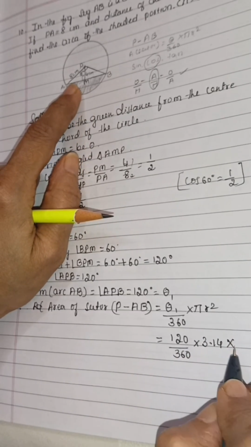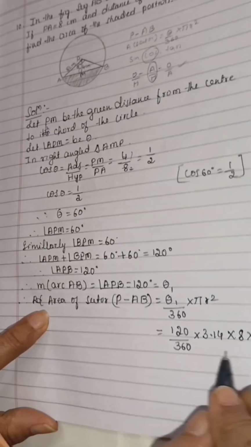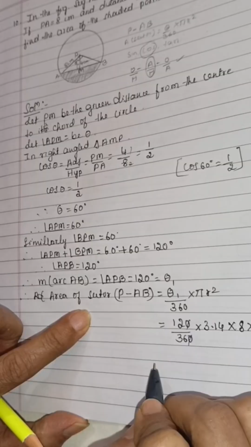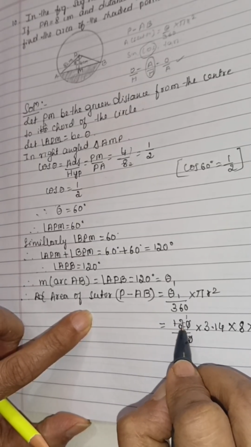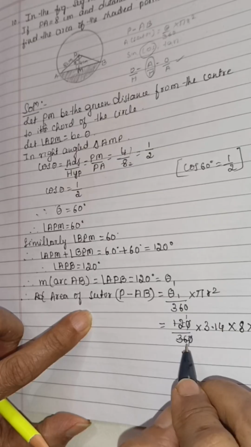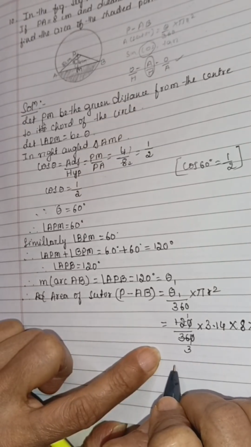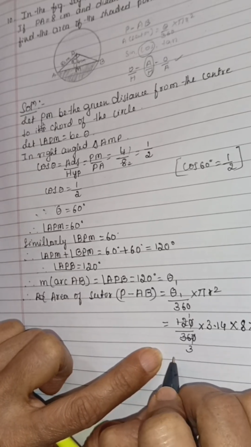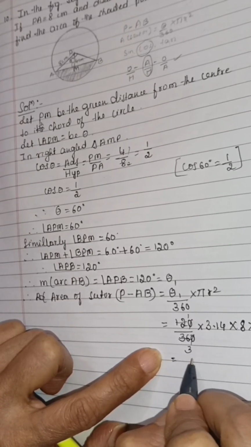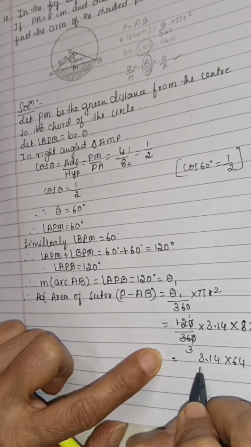What's the radius here? 8 square, 8 multiplied by 8. So this 0 cancels, 12 ones are 12, 12 twos are 24, 12 threes are 36. So what remains is 3.14 multiplied by 64 divided by 3.